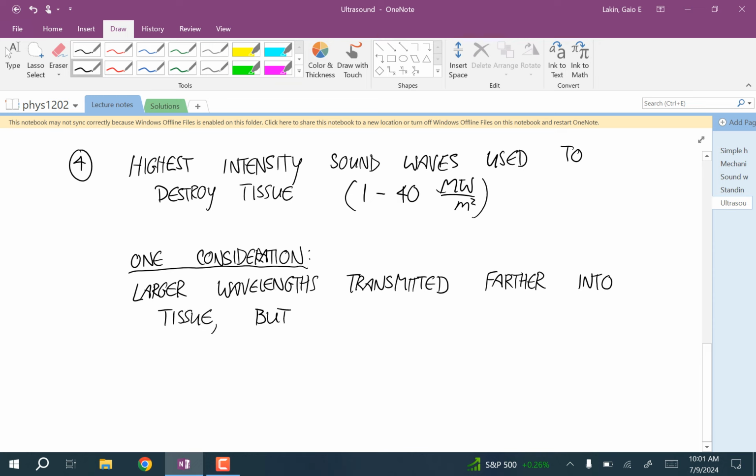But the size of an object that can be detected is on the order of the wavelength.